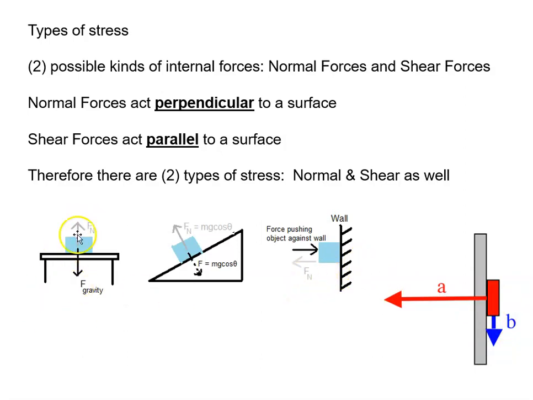And that's what we see here. These are perpendicular relationships, normal or perpendicular, and then shear is parallel. So this is the only parallel one that we see. Otherwise, this whole group here is describing normal reactions.